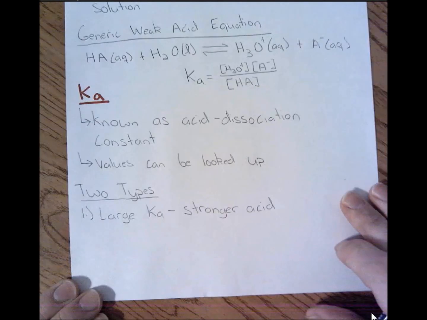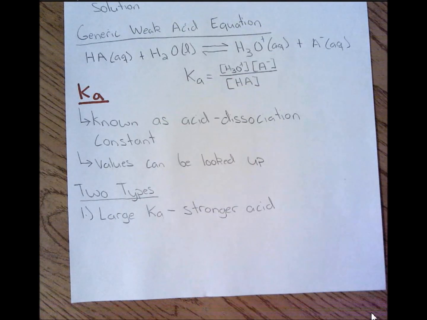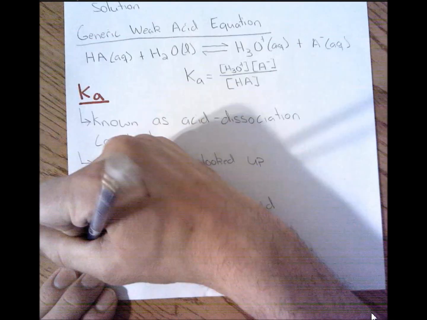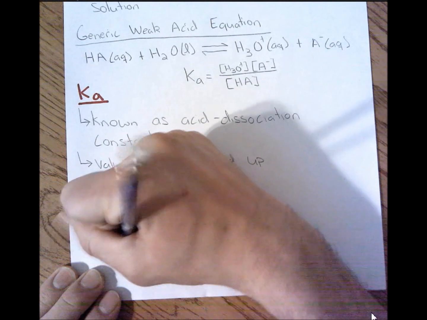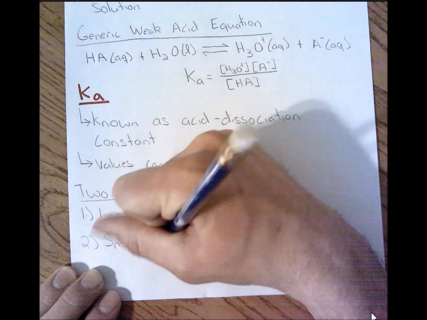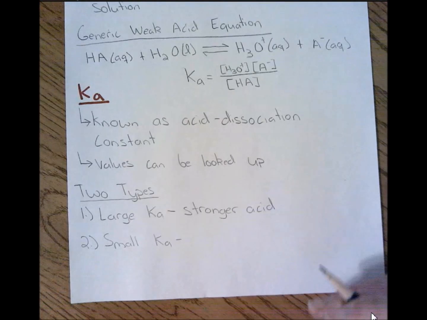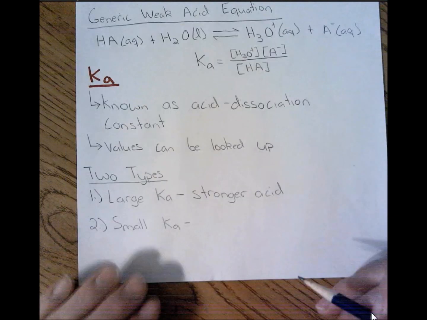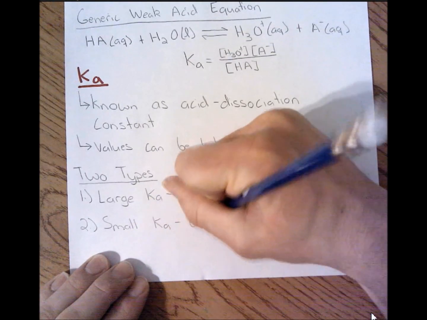The flip side is a small Ka. When I say small, I mean like times 10 to the negative 10th, or times 10 to the negative 12th, something really, really small with a lot of zeros in front of it. This means a weaker acid, and it means less of that substance will dissociate in an aqueous solution.